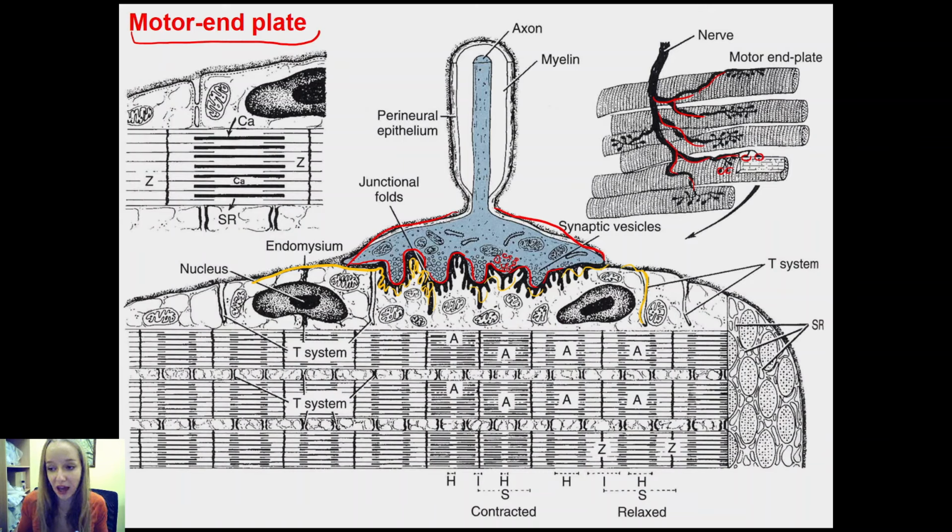That's why we have these T tubules, because we want to propagate the depolarizing wave, the signal, down to the center of a muscle fiber. Really, this T tubule quickly transmits the depolarization wave deep into the muscle, to the deepest myofibrils.